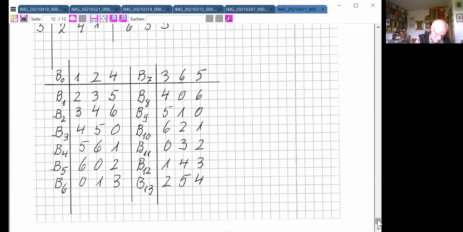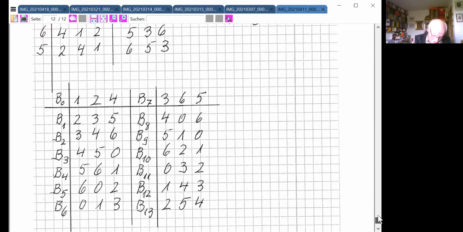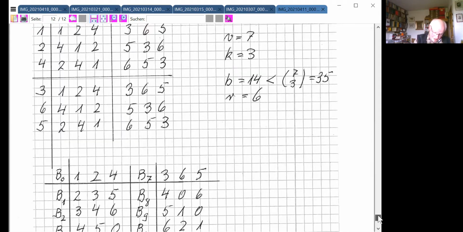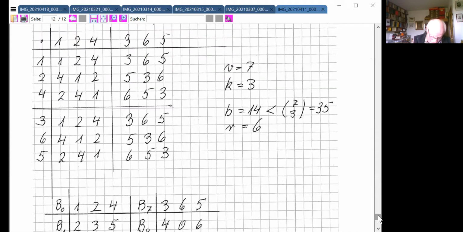I call this B0 up to B6 and B7 up to B13. We have v equals 7, k equals 3, B14, and this is substantial, smaller than 7 over 3.